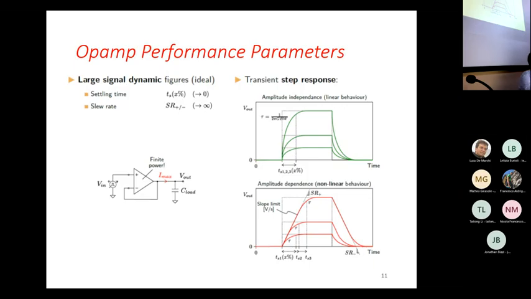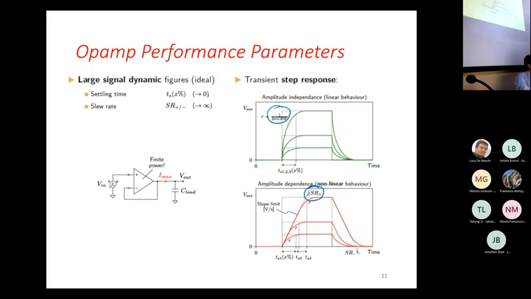Other possible non-idealities are related to settling times or slew rate effects. The settling time is more or less related to the inverse of the gain bandwidth, while the slew rate, as you may remember, is a totally different quantity.